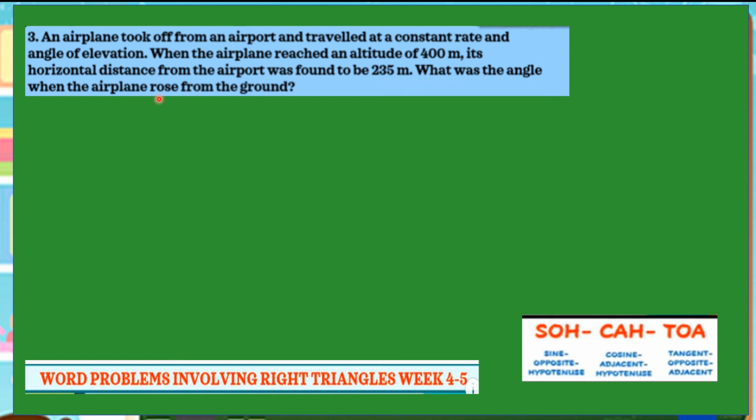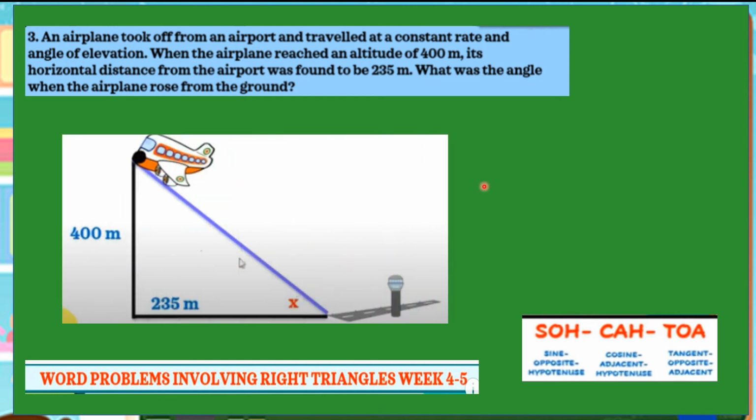What was the angle when the airplane rose from the ground? So, draw the figure to answer the problem. So, ito yung figure natin. Umalis yung eroplano. Ang tinatanong ay ano yung angle?